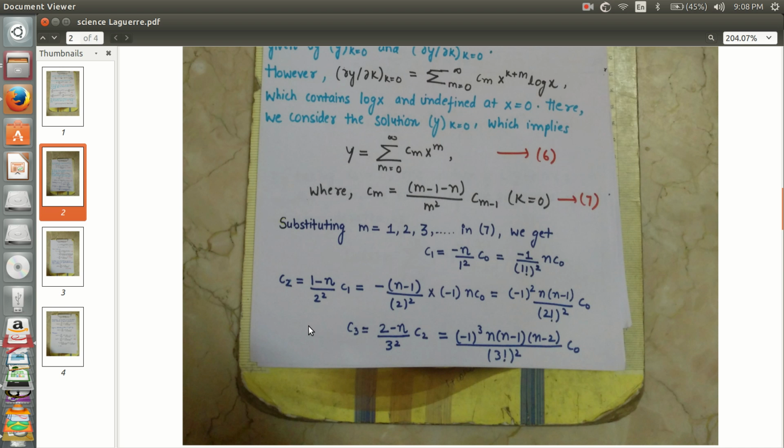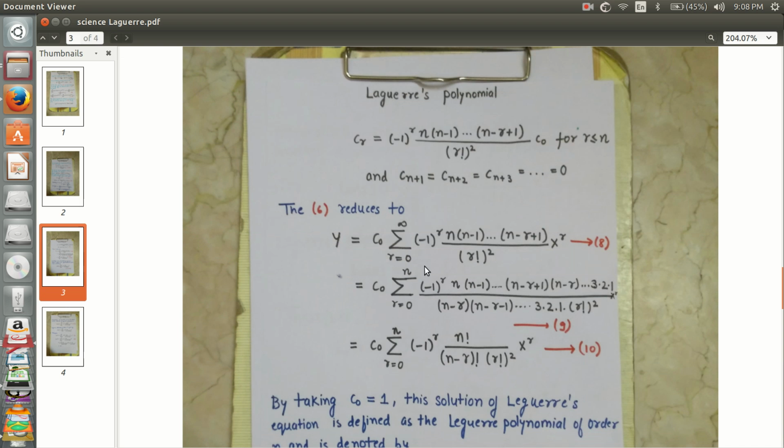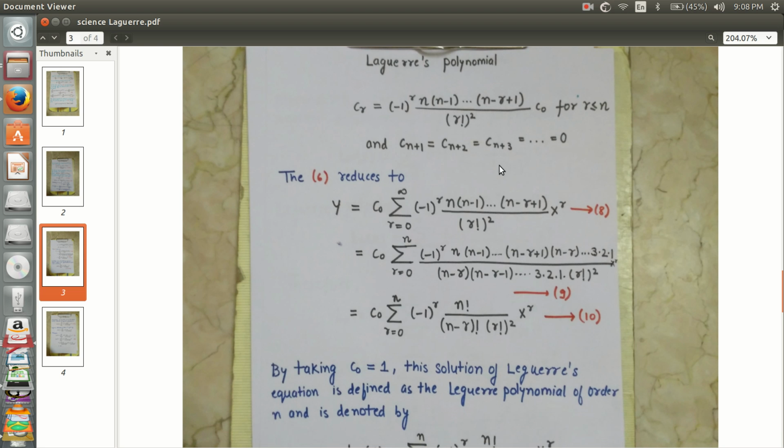From the recurrence relation we generalize c_r, and the generalized equation is c_r equals (minus 1) to the power r, n into (n minus 1) and so on up to (n minus r plus 1), upon (r factorial) whole square, into c naught. As you can clearly see, when r's value is greater than n, the factor n minus r plus 1 becomes 0 and this expression becomes 0. So c_(n plus 1), c_(n plus 2), c_(n plus 3) and so on equal 0.